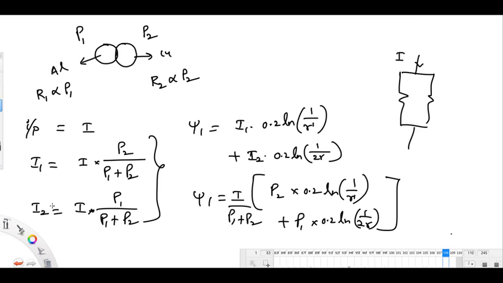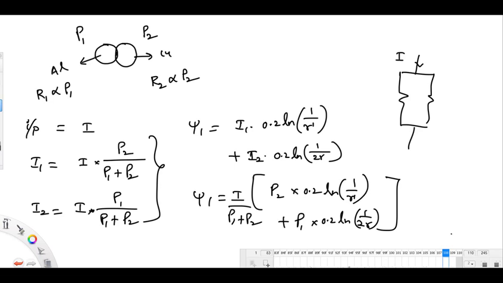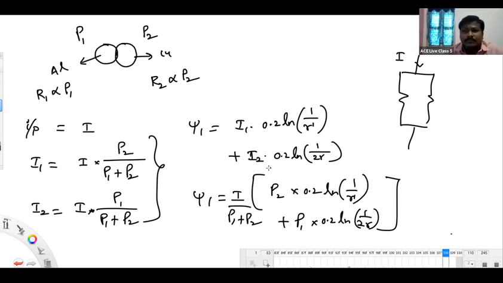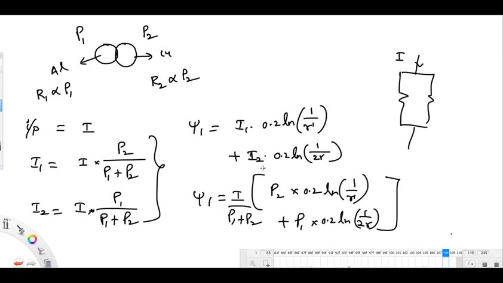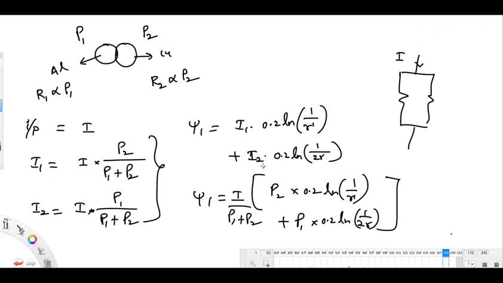GMD is between one conductor to another conductor, mutual. Okay, GMR. Tell me, what's your doubt, Kumar? Sir, how to calculate GMR of a hollow conductor? That radius itself is a GMR approximately.